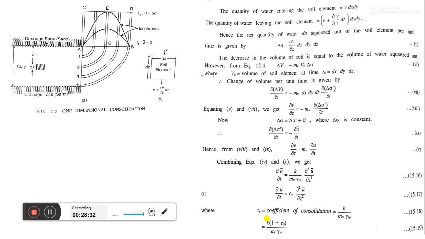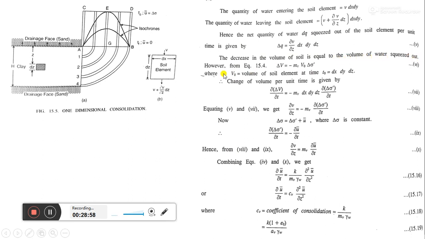Hence the net quantity of water dq squeezed out of the soil element per unit time is given by dq equals dv by dz into dx into dy into dz. The decrease in volume of soil is equal to the volume of water squeezed out.